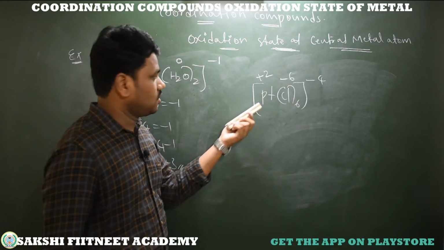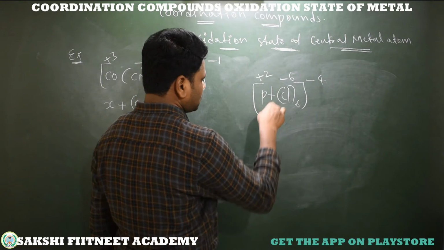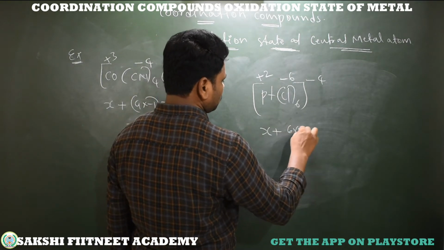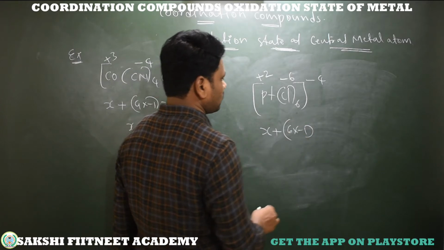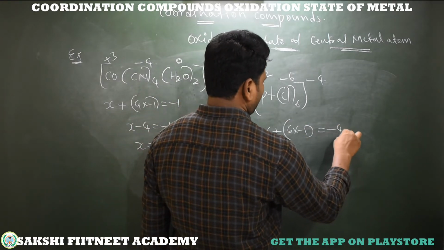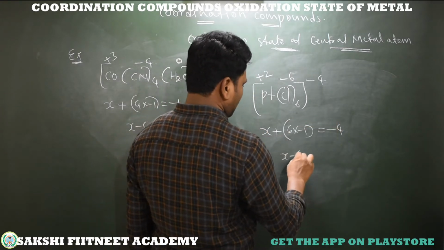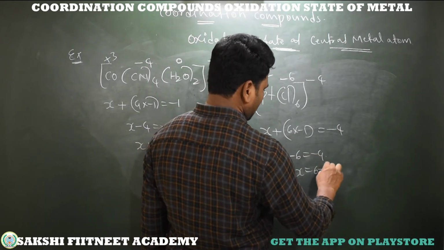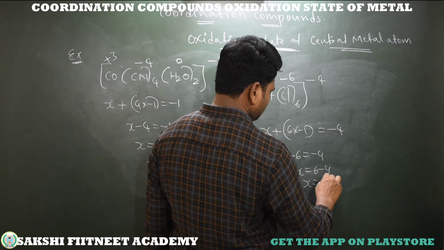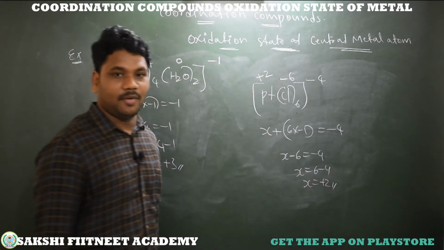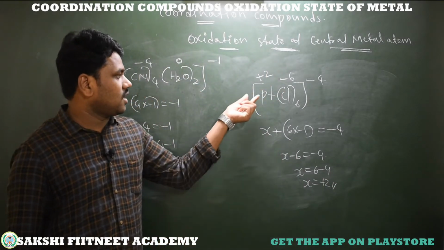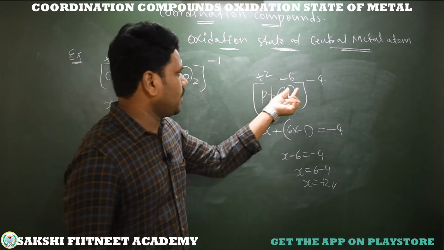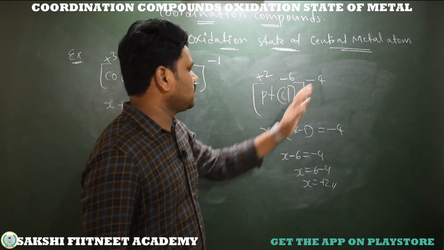So what about the platinum? Must be plus 2. Otherwise you can take platinum as x plus 6 into minus 1, chlorine gives minus 1 oxidation state. It becomes minus 4. So here x minus 6 equal to minus 4. X equal to 6 minus 4, then it becomes plus 2 oxidation state. Already here we found plus 2 oxidation state by comparing ligand charge with overall charge.